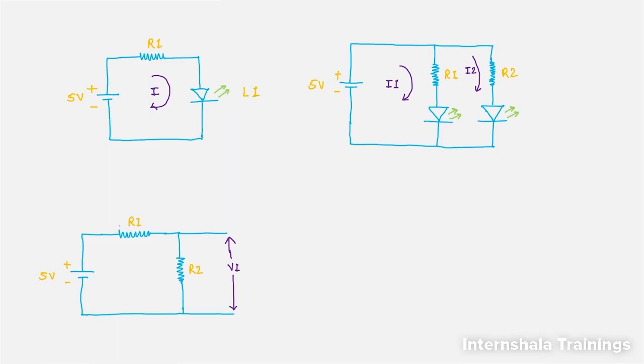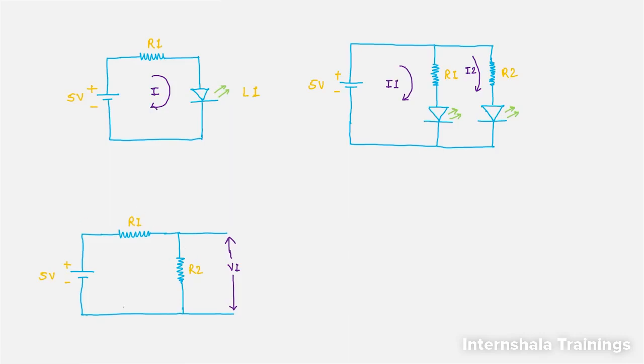Based on the values of R1 and R2, it will be decided how much voltage you will get on the output side, at this point with respect to this point. So some voltage of this 5 volts will drop across R1 and some voltage will drop across R2.